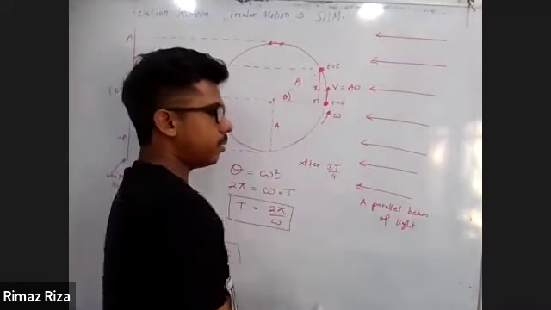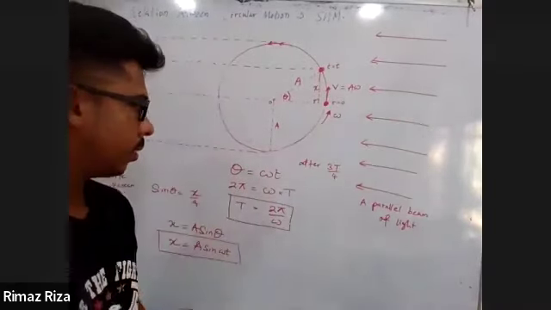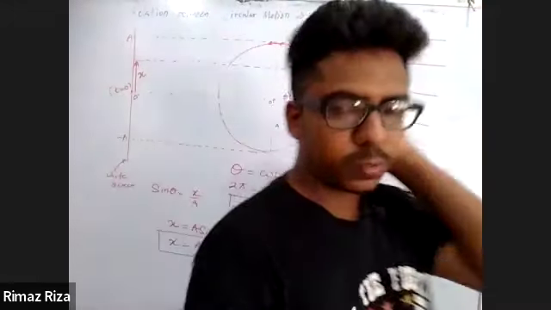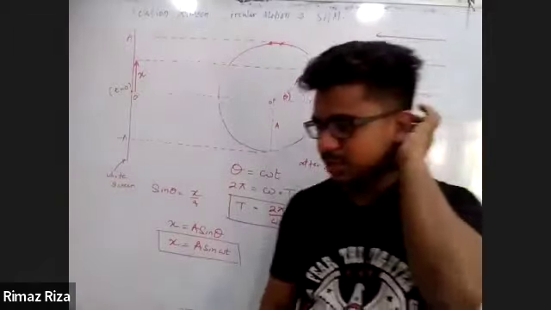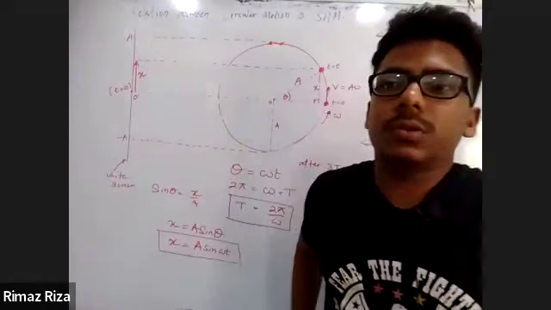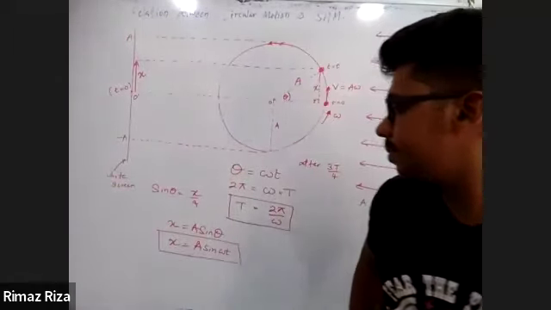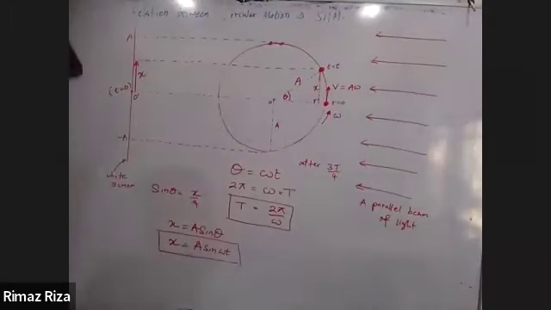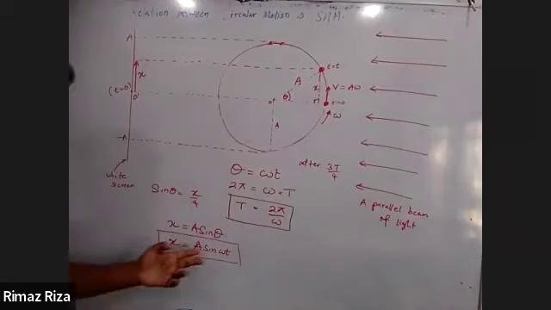Here capital T is the periodic time. It's a small substitution question, so you just have to substitute here.